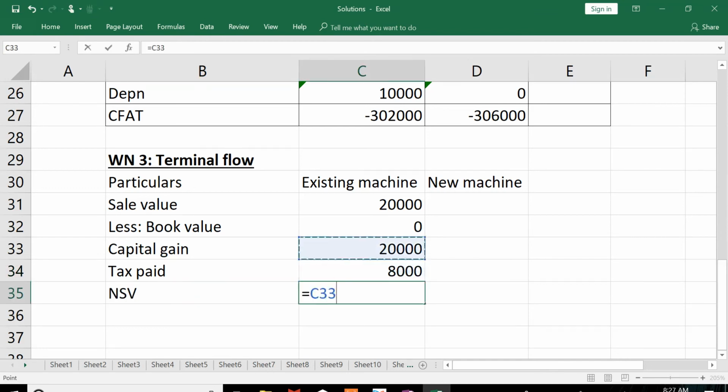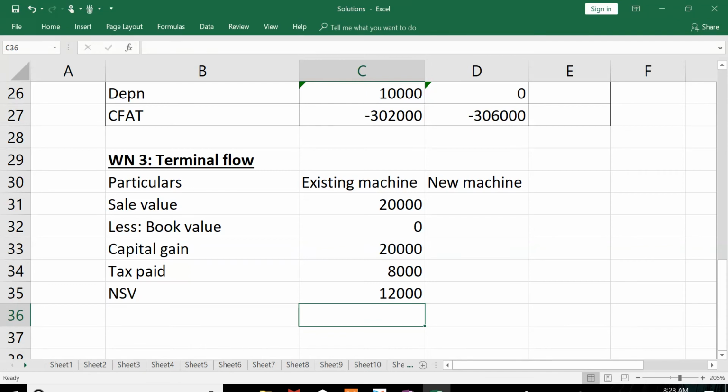NSV is 12,000. Any doubts on this? You're going to sell it for 20,000, but there's no book value attached with it. So you're going to have a profit. On that, you'll have to pay tax and you get an NSV of 12,000.